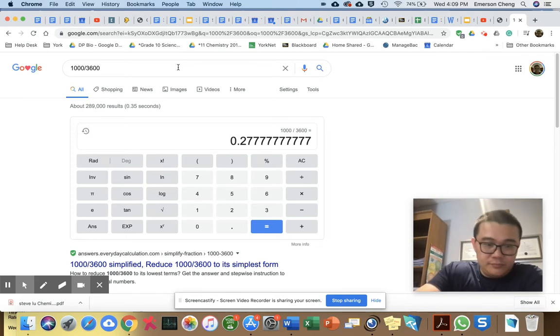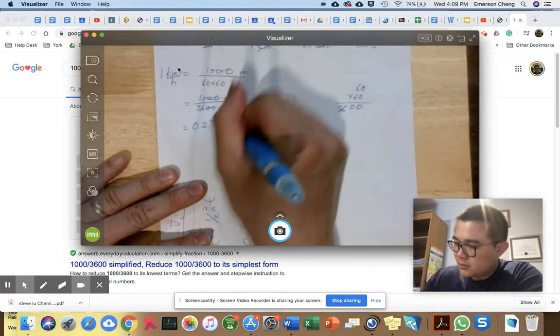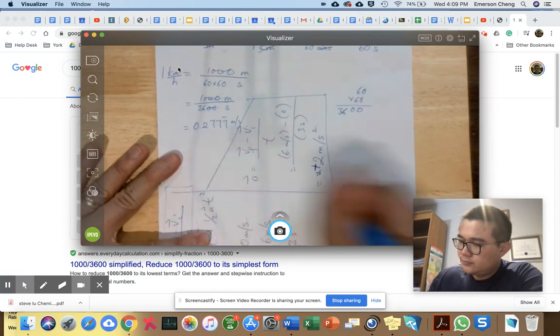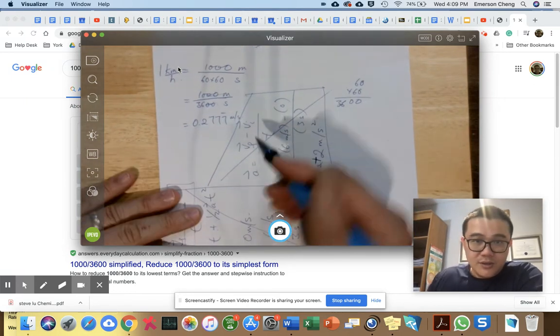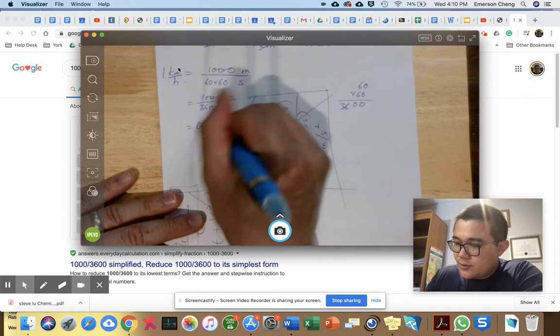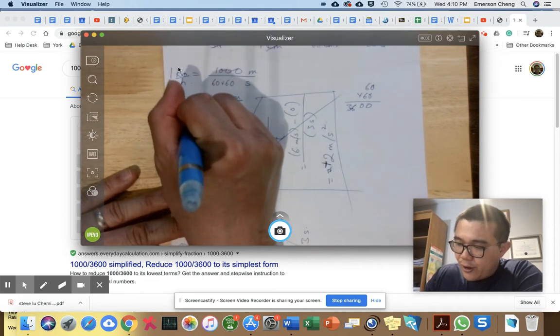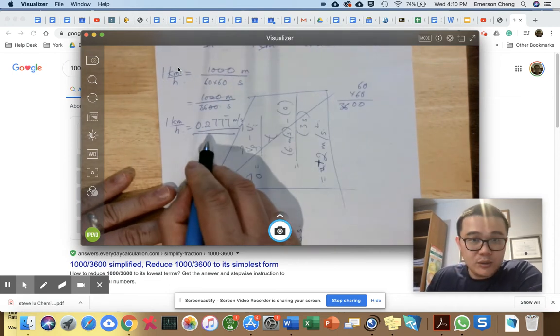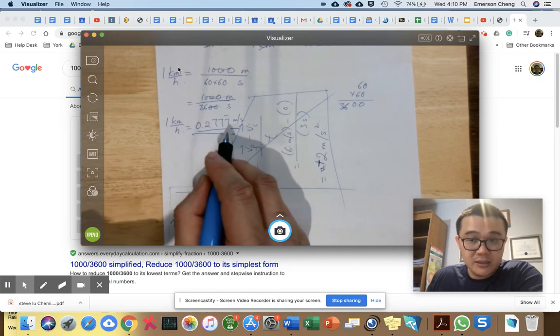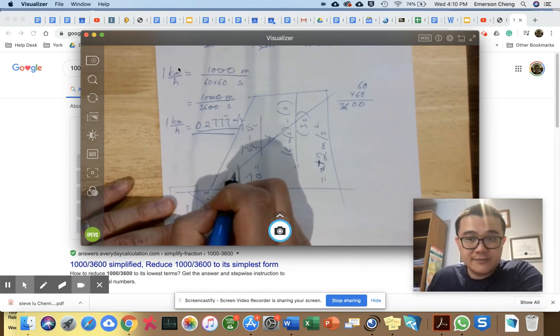So what this means is 1 kilometer per hour is 0.2777 repeated meters per second.